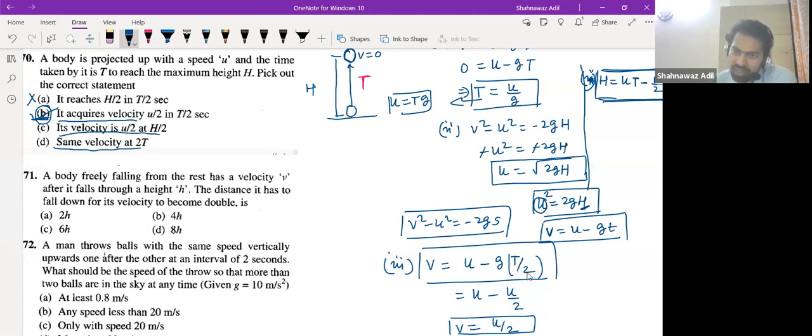I already know the relation between time and the initial velocity, so this is how I got this u by 2. Please note it down, and also check these C and D ones, right?